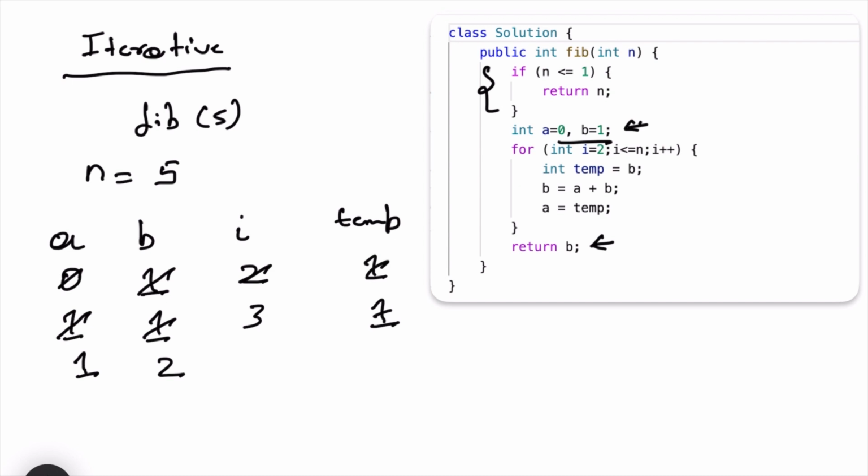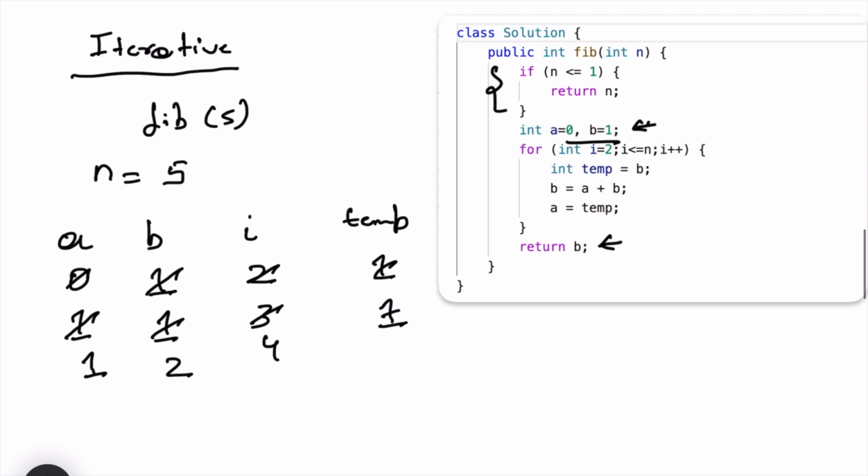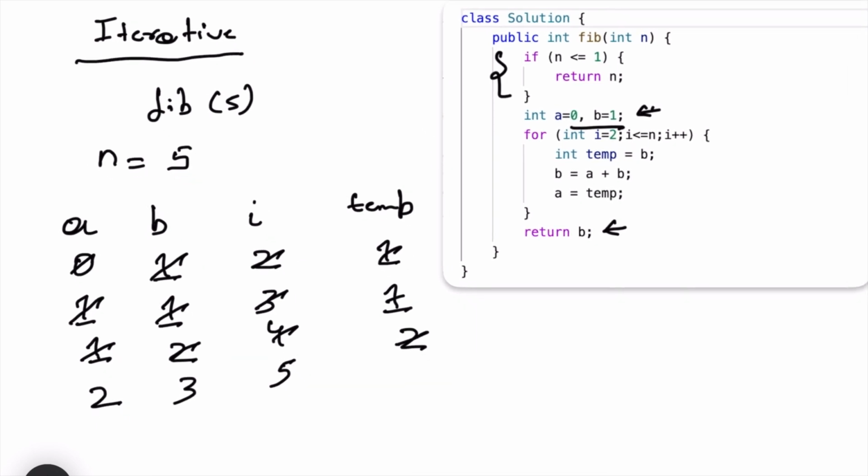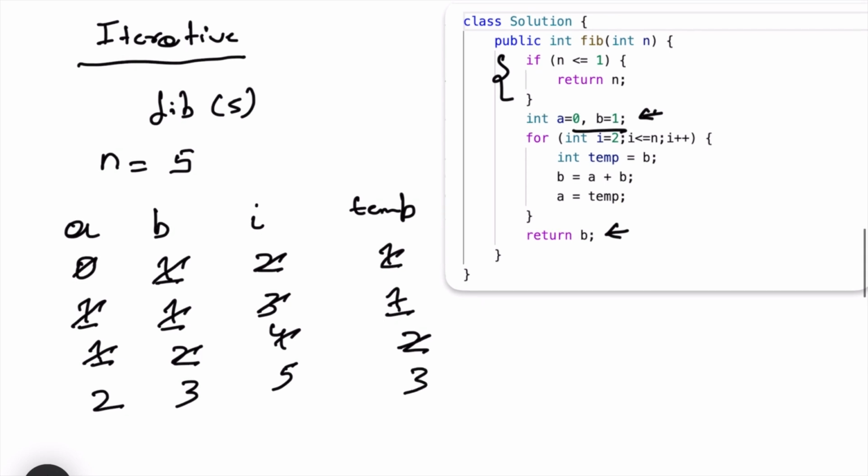Again we will be running this, incrementing i. So i is again less than 5, so 4. Again the temp value will be updated with b, which is 2, b will be updated with a plus b, which will be 3. Again a will be updated with the temp value, which is 2. Again i will be updated as 5, and temp will be updated with the b value, which will be 3.